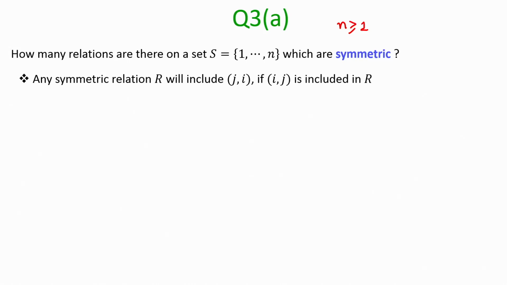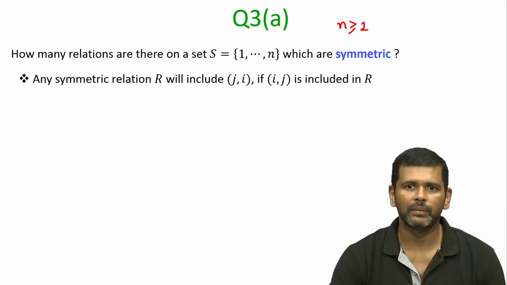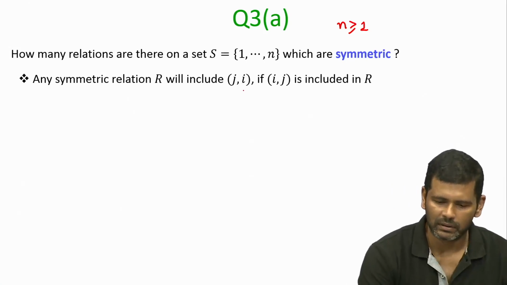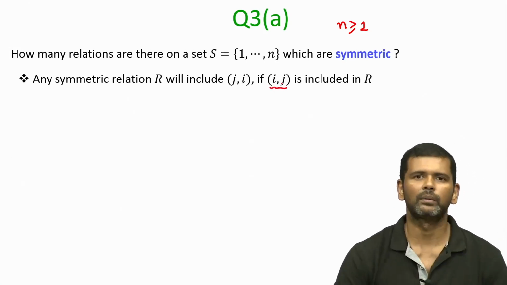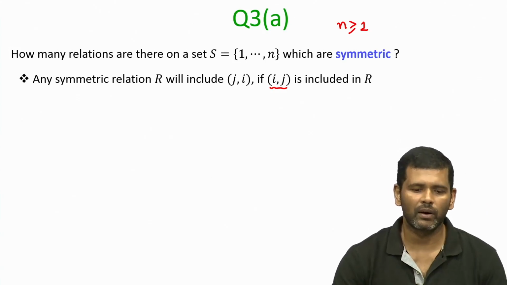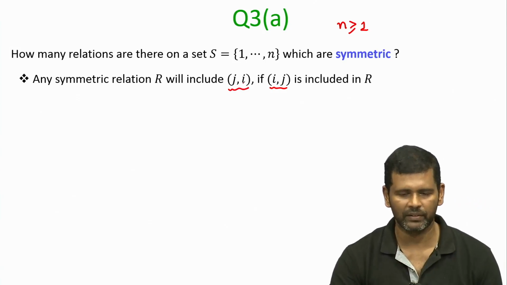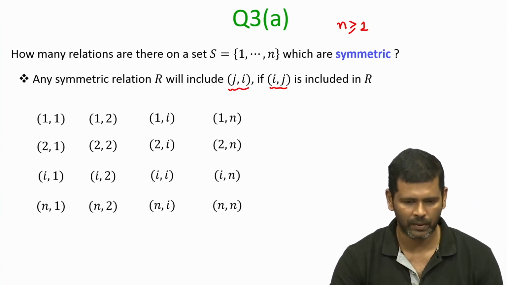Just to recall, the definition of a symmetric relation is that if the ordered pair i comma j is present in the relation R, then the ordered pair j comma i should also be present in the relation R. That is the requirement for a symmetric relation.